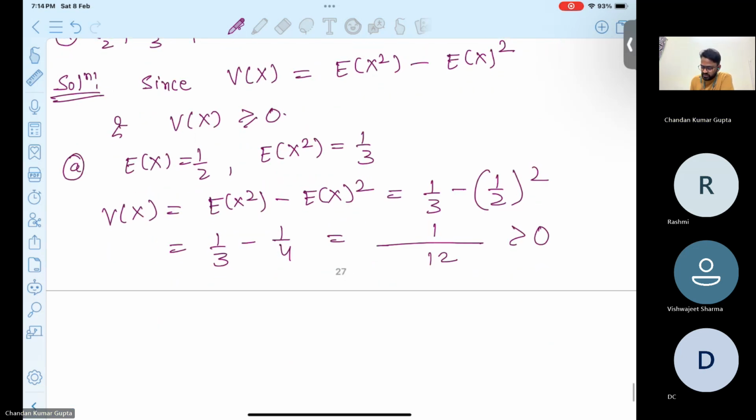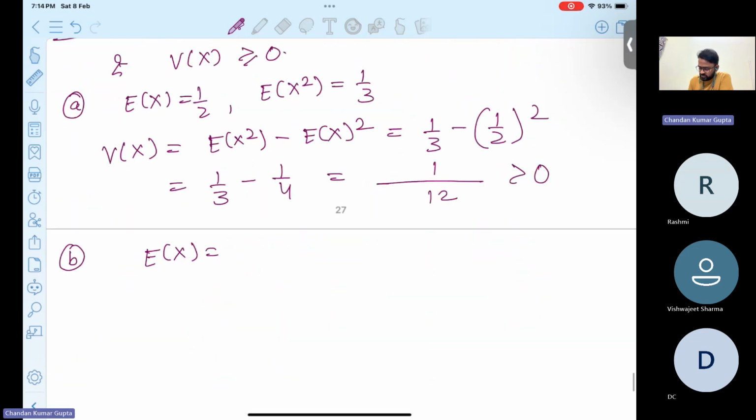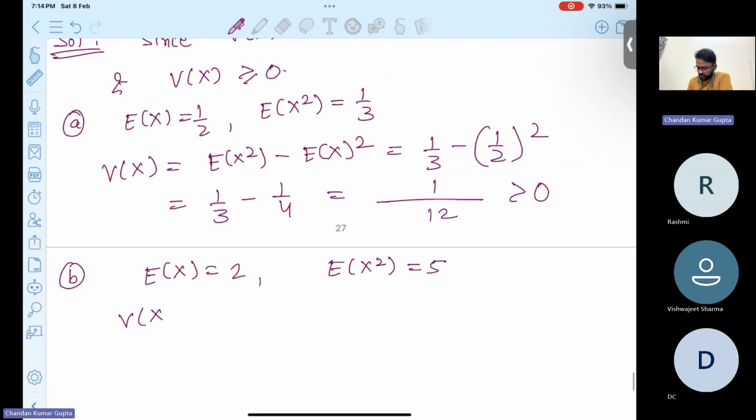Now option B, expectation of X is 2 and expectation of X square equals 5. Again, everyone please try to solve by yourself as well and let me know the answer.